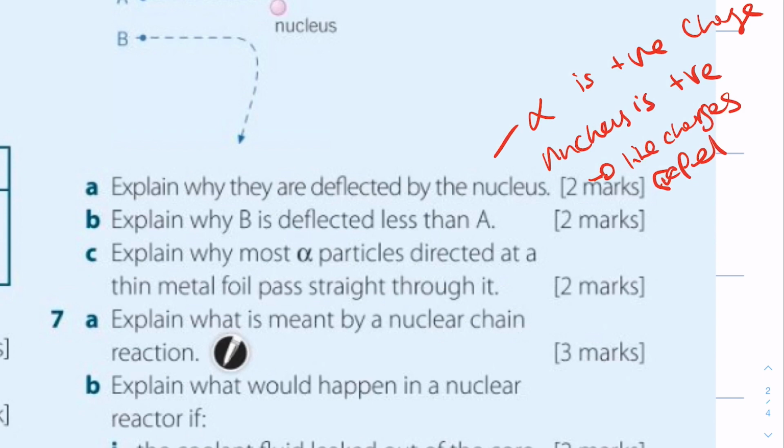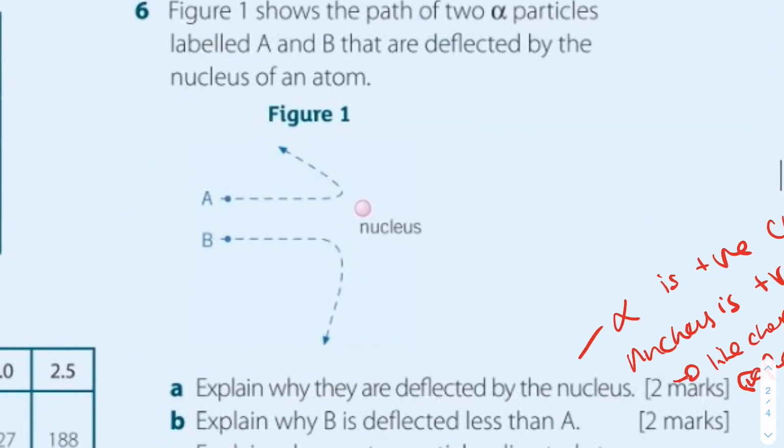Explain why B is deflected less than A. Well, we just need to look at the paths. If we had, let's say, C, and C coincided perfectly with the center of the nucleus, then the particle would just come straight back.